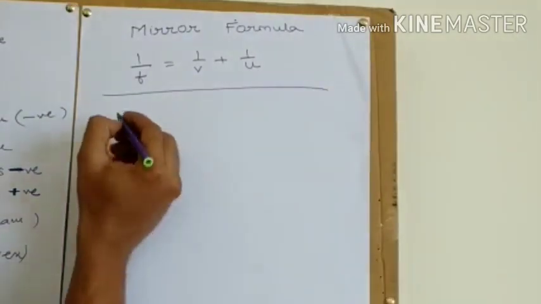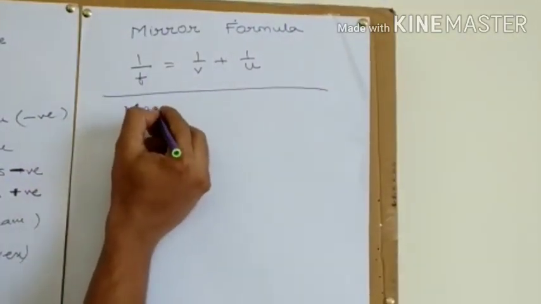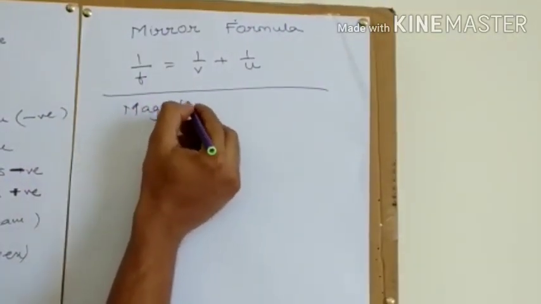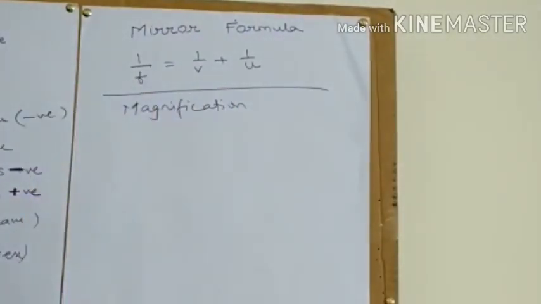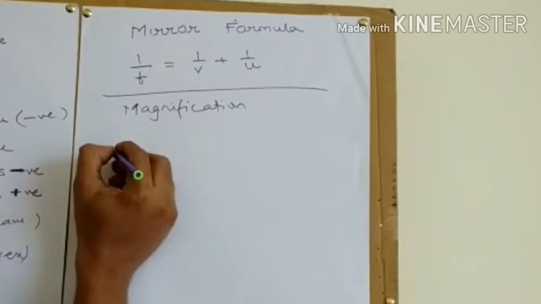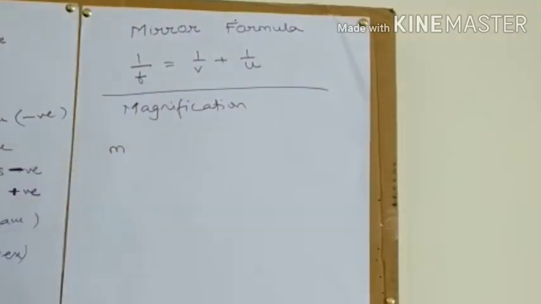After the mirror formula, we learn a formula for the magnification. Magnification gives an idea about the size of the image in relation with the size of the object. So whether you are getting an enlarged image or a diminished image, that will be given to us by the magnification. Magnification is denoted by small m.